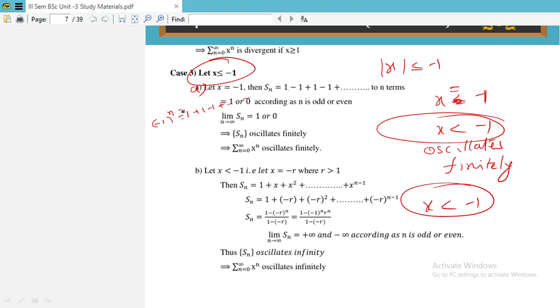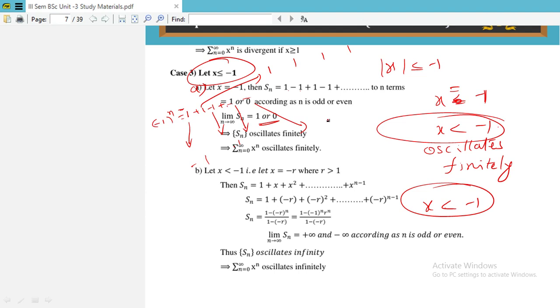If we take n odd, we get minus 1; if we take n even, we get 1. Therefore the limit of Sn is 1 or minus 1.